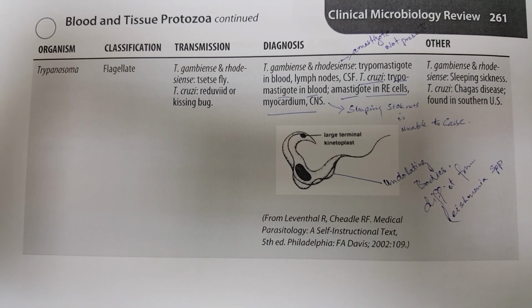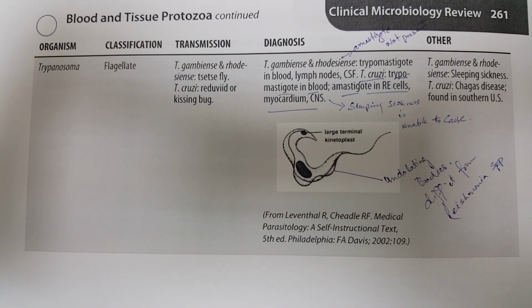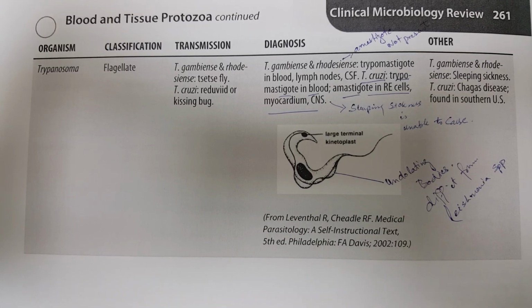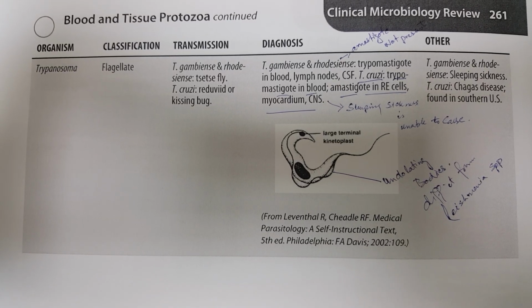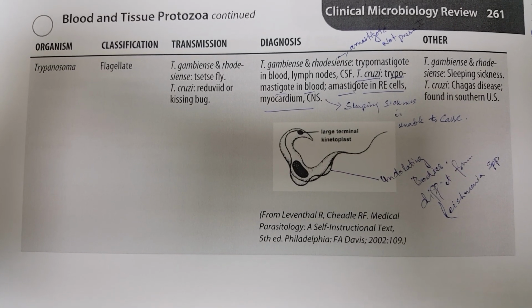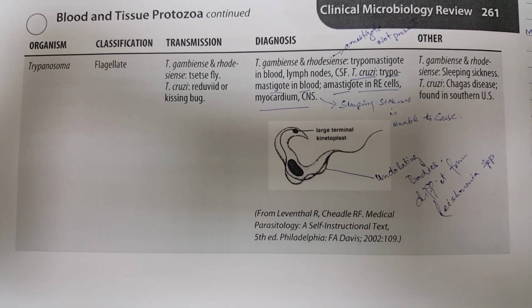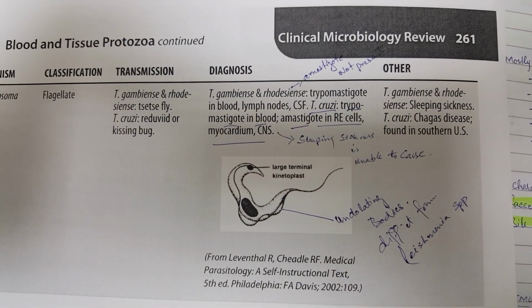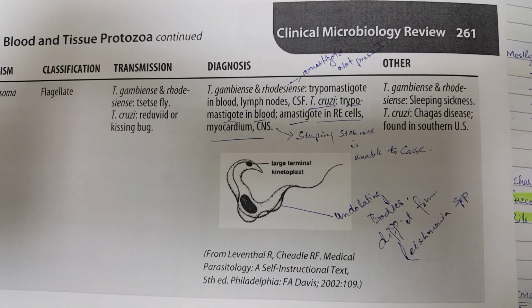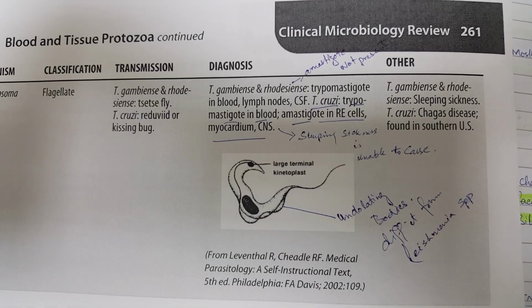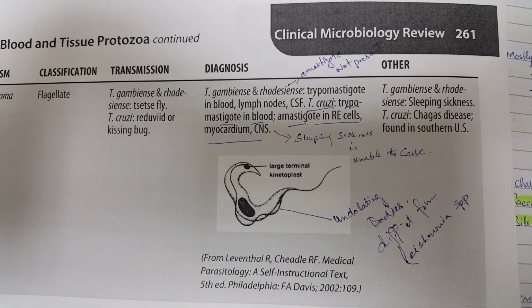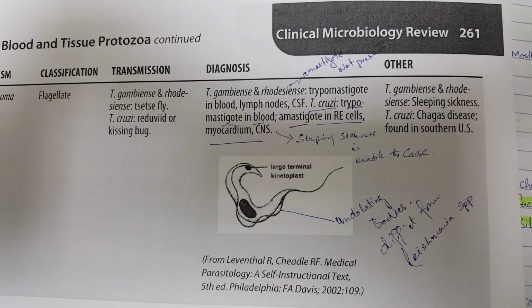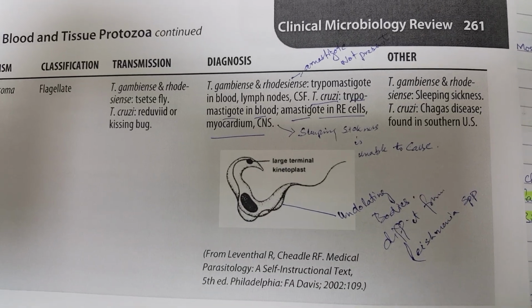T. cruzi is a trypomastigote in the blood, amastigote in reticuloendothelial cells, myocardium, and CNS. T. gambiense and rhodesiense cause sleeping sickness, while T. cruzi causes Chagas disease, found in the southern United States.